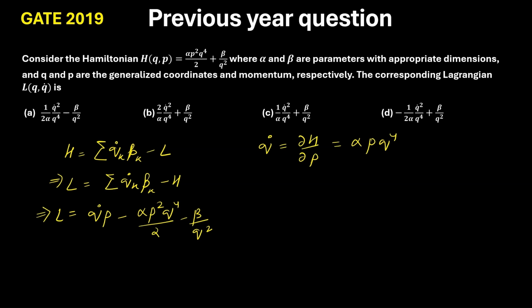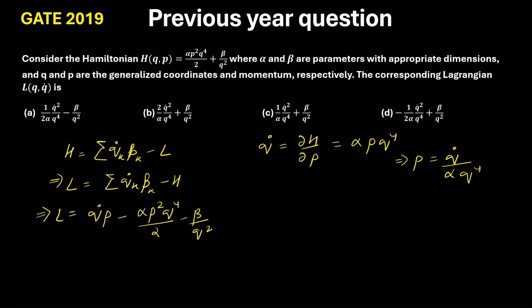Now one thing we can notice, in all the options, they have not expressed in terms of p. So I think from here we can get p is equal to q dot divided by alpha q to the power 4. So this we can substitute.